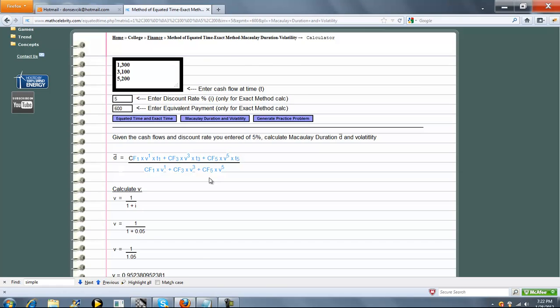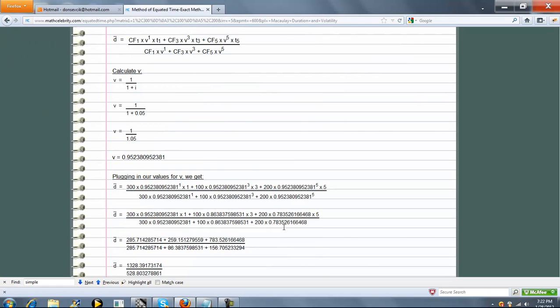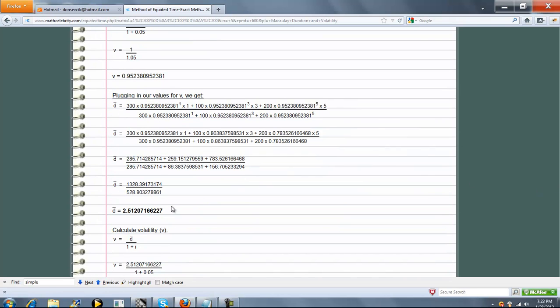We calculate v, as we did on the other button, and plug in all our numbers. It's cash flow, our v factor, and our time. Cash flow, v factor, time, again. And on the bottom, it's just cash flow, v factor. We evaluate all that, we simplify, and we get a Macaulay duration of 2.51207.